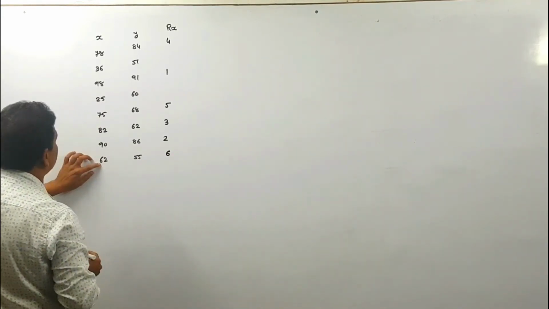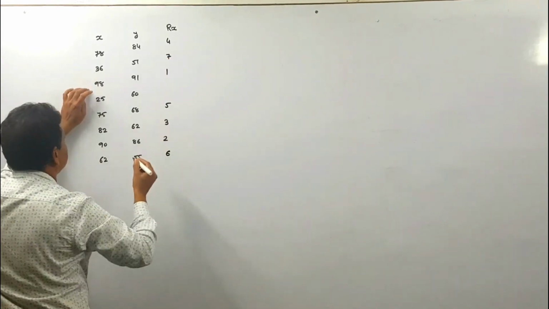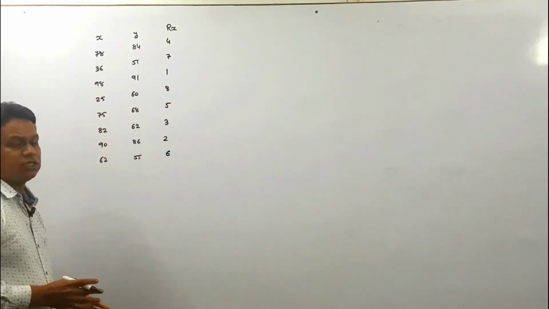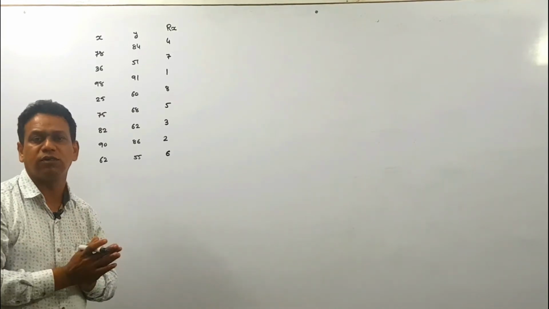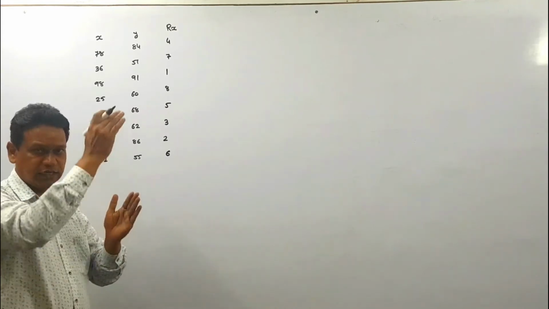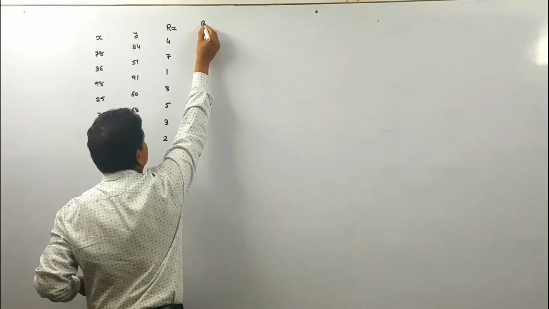After 62, we have 36, so it is 7. And after 36, we have 28, so number 8 is given. This is the simplest method. We just have to focus on the highest numbers and assign ranks from highest to lowest order. Now we have to do the same thing, ranks to the variable Y.